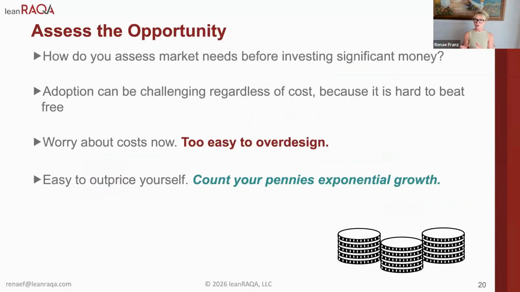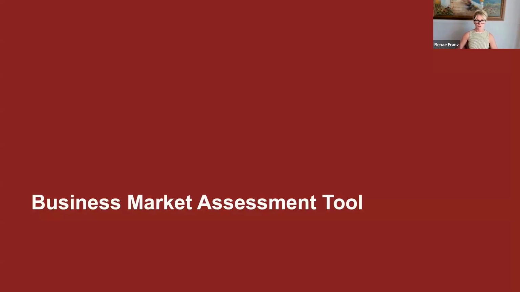Depending on where you fit, you need to be realistic about how long it's going to take to get your product creating revenue in the market. Worry about your costs now, as it can be very easy to over design. We'll talk about that when we touch on the product trace matrix tool. And it's easy to outprice yourself. Count your pennies while you're looking at your exponential growth.